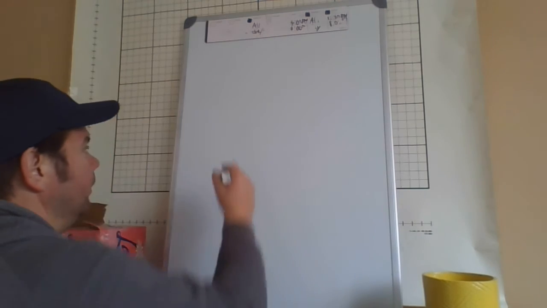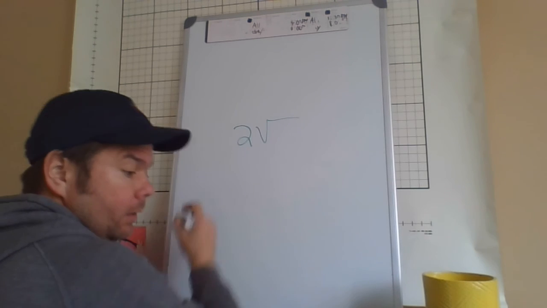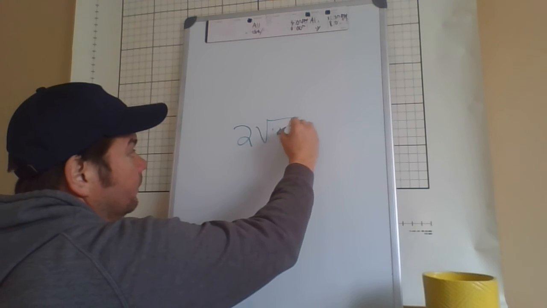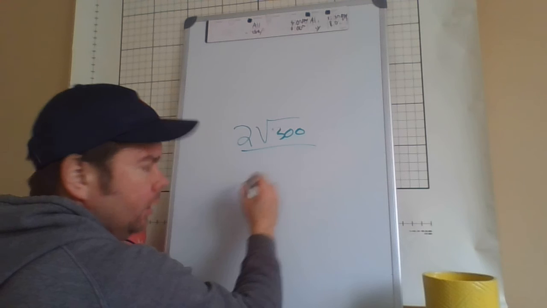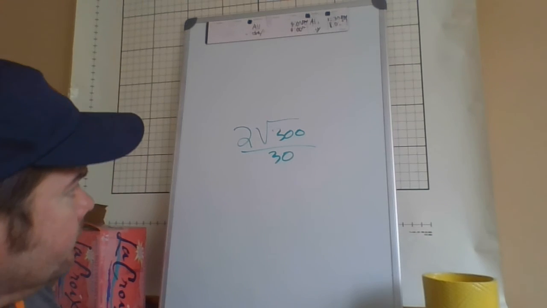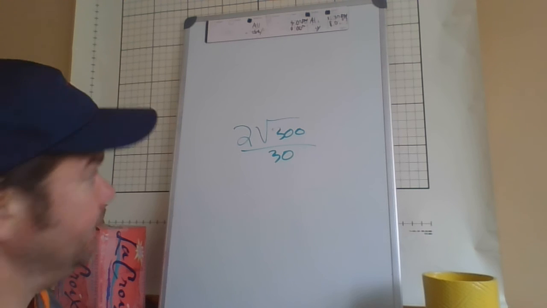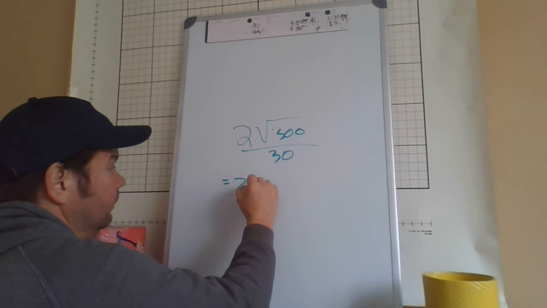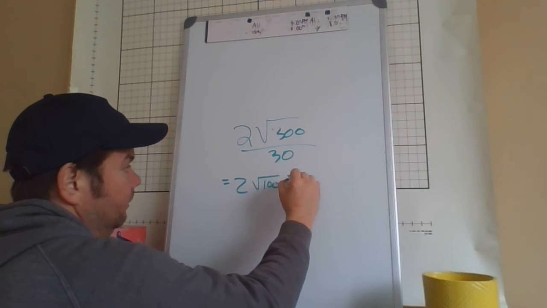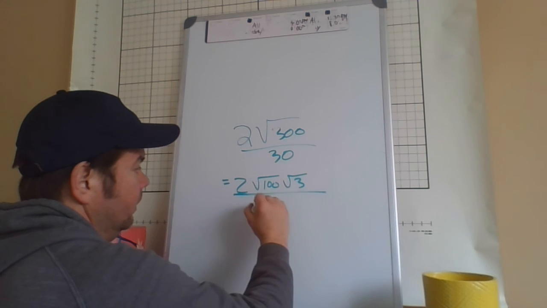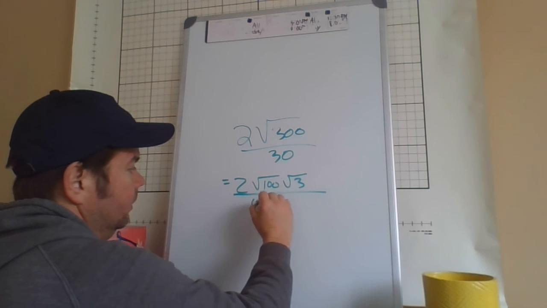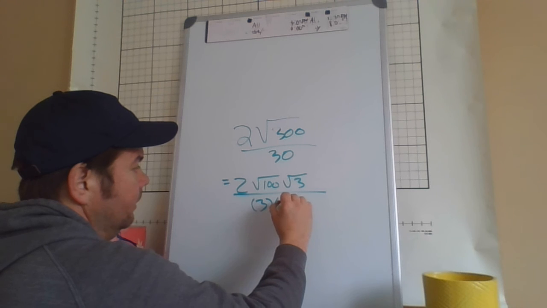We've got 2 times the square root of 300 over 30. Perfect squares come out of 300. That of course is the square root of 100 times the square root of 3 over 3 times 10.